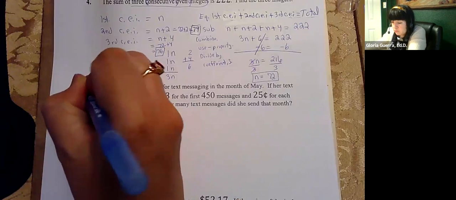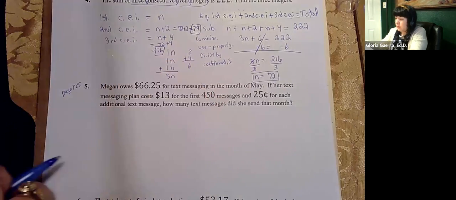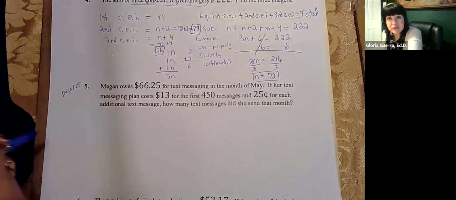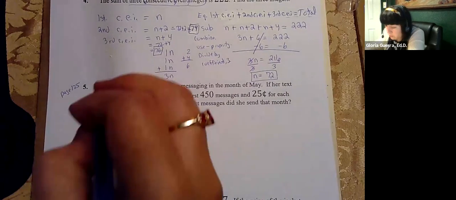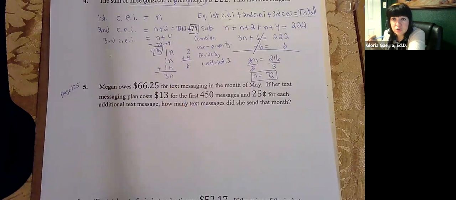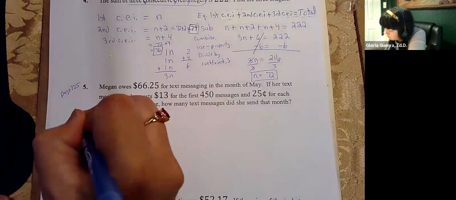And I'm going to go ahead and write the formula down from page 119. But when you're taking the test, you don't have to write the formula down because you're going to have it on your paper that you can use. But then you want to start doing the substitutions. But I'm going to write the formula down. So it's formal.